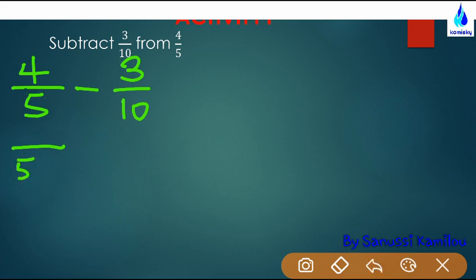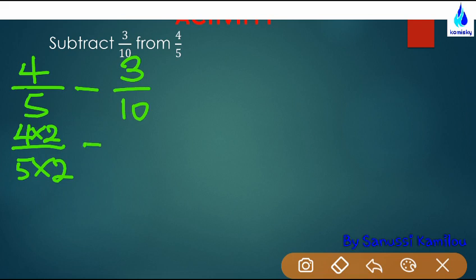So 5 times 2. Do you remember that when you multiply your denominator by 2, you must also do the same at the top, so that you will get the equivalent fraction. Very good. So we are also going to multiply the top, which is 4, by also 2.